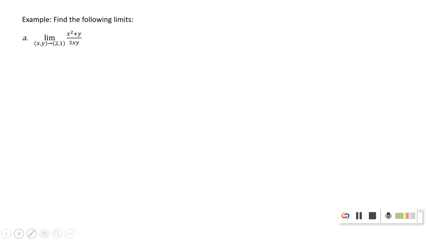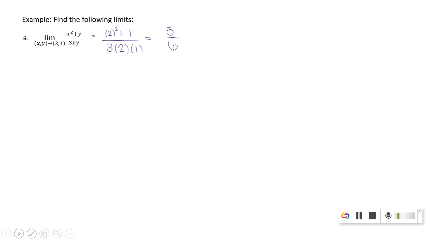The very first thing I'm going to try for any limit problem is what we call direct substitution, or just plugging the numbers in. If I plug in 2 for x and 1 for y, I end up getting 2 squared plus 1, which is 5, over 3 times 2 times 1, which is 6.